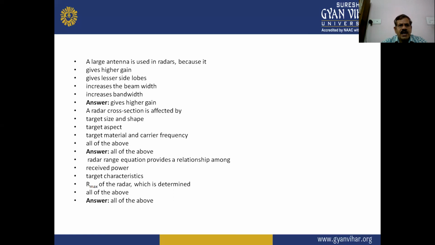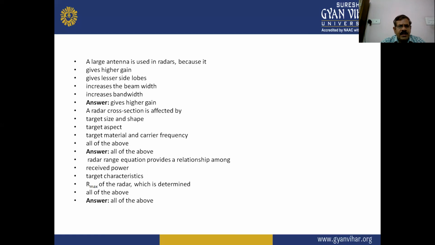So a large antenna is used in radar because it gives higher gain. For higher gain, we use the large antenna in the radar. So option A is the correct answer.